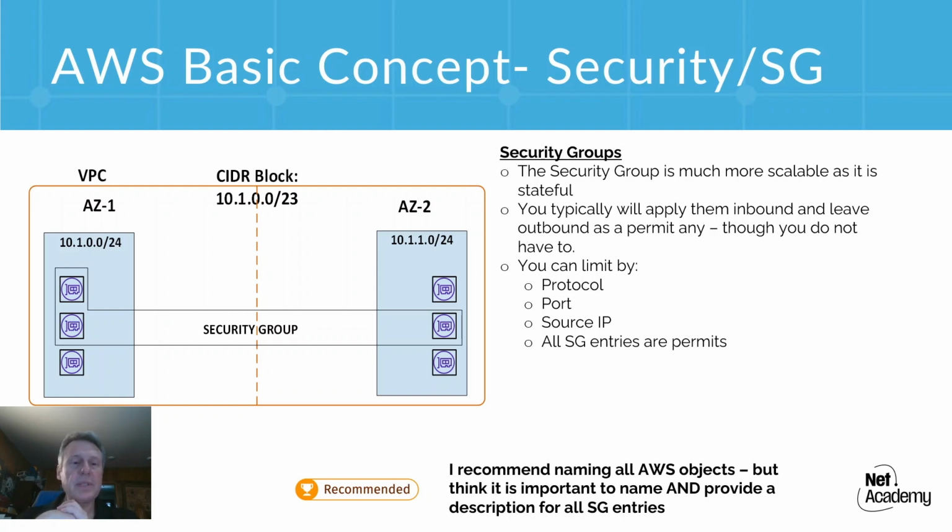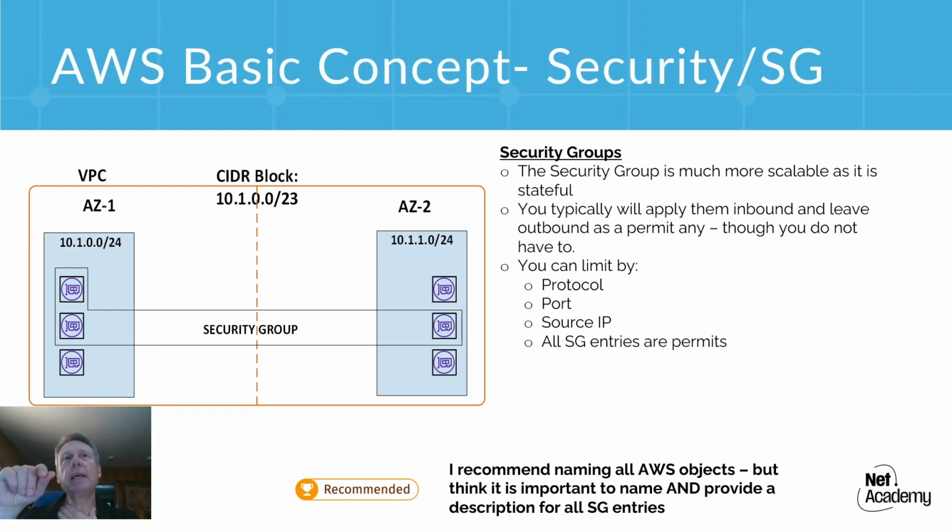I actually have some recommendations for you on security groups. Number one, I recommend you name all your AWS objects, but I think this is particularly true with security groups. Also, you can provide something called a description for security group entries. I recommend you use that as well. The description could be why this rule is in here, something like allow SSH from jump host to network appliance.